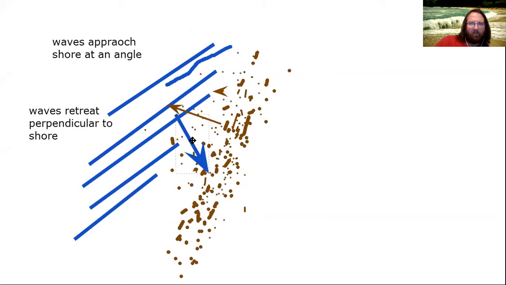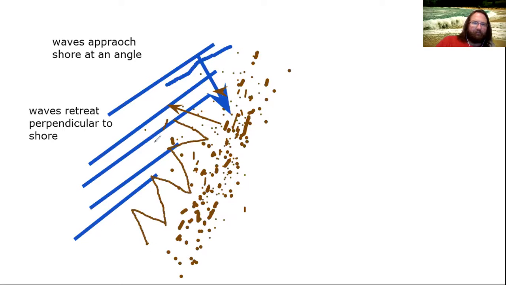You get this interesting pattern, this kind of zigzag motion of the sediment particle, where it approaches at an angle to shore and then retreats perpendicular to shore.